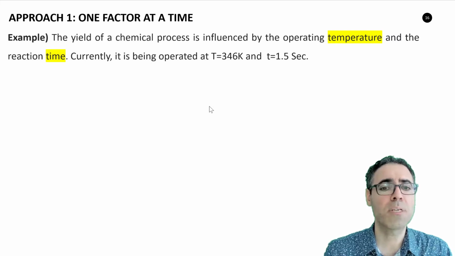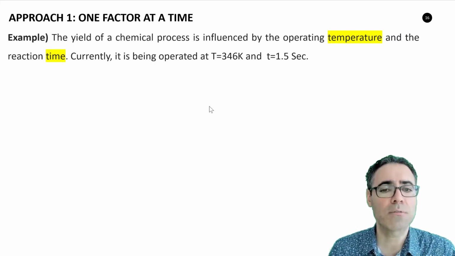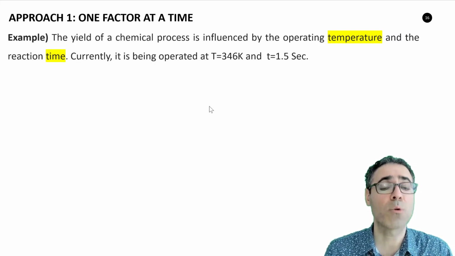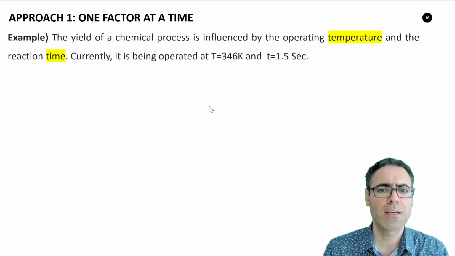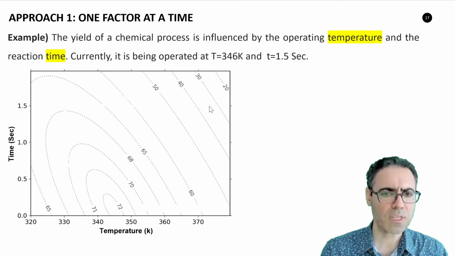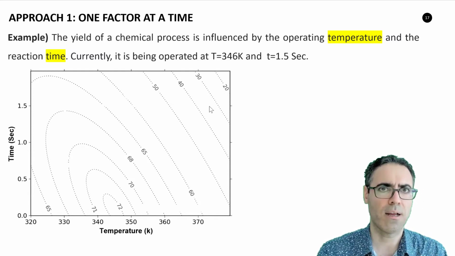Currently, this process is being done at temperature 346 Kelvin and time 1.5 seconds. Suppose that this is the theoretical graph of this process. X-axis shows the temperature and y-axis shows the time.